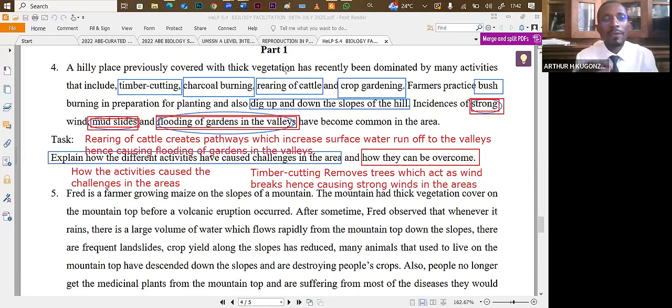When the surface soil is loose, when it rains, it can easily get soaked, and after getting soaked, it forms mud, and all that mud can run downwards. So digging up and down of slopes can be linked to mudslides.